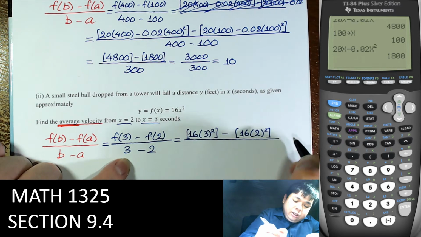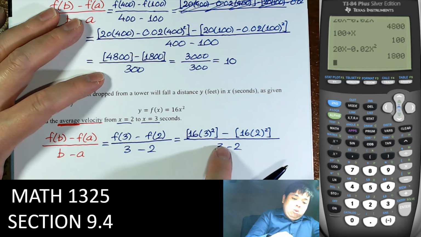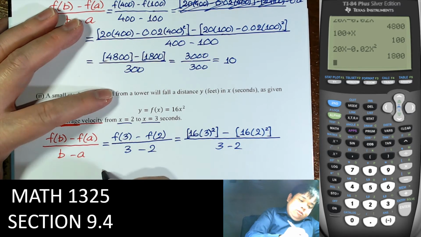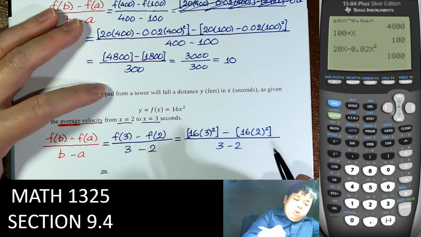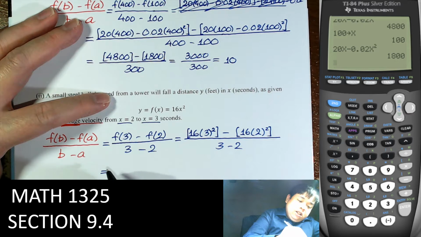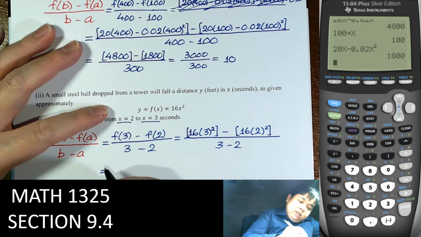Then 3 minus 2 will be just 1, so this is 1, and so we have 16 times 3 squared, so 16 times 9, and then 16 times 4.